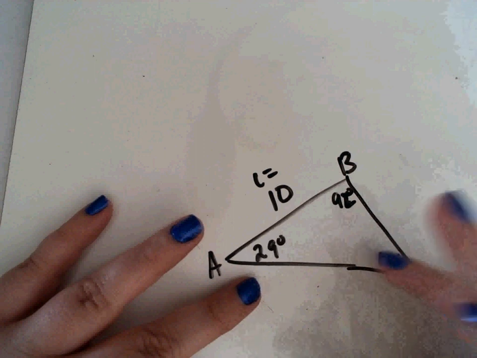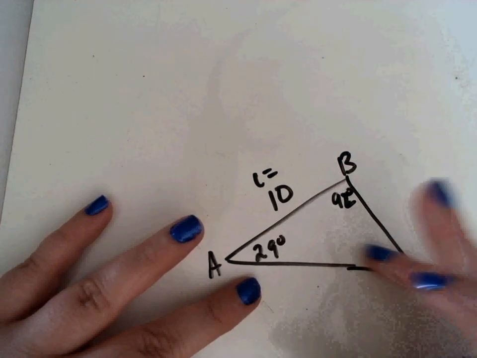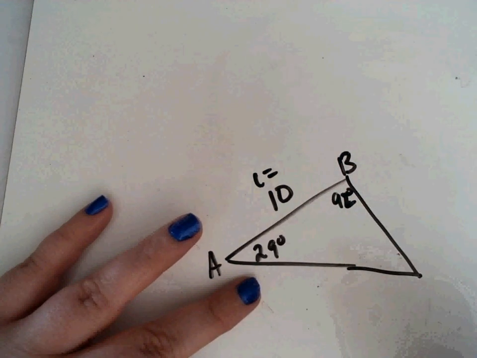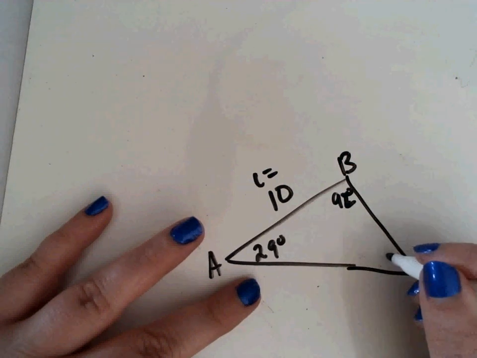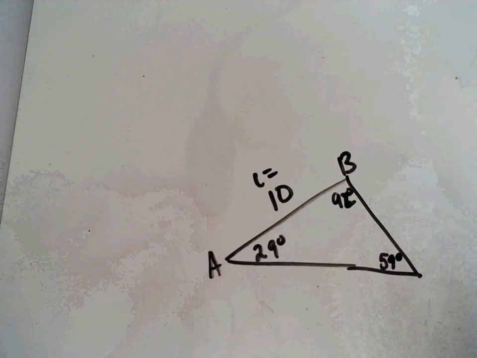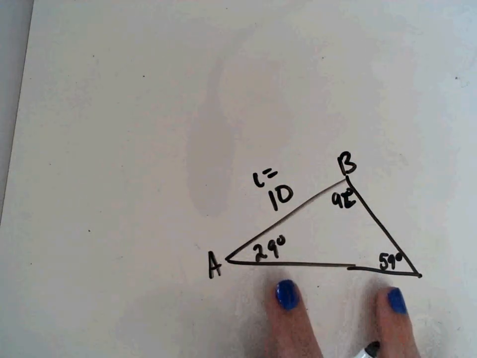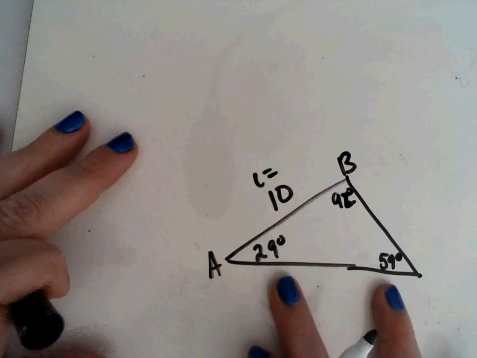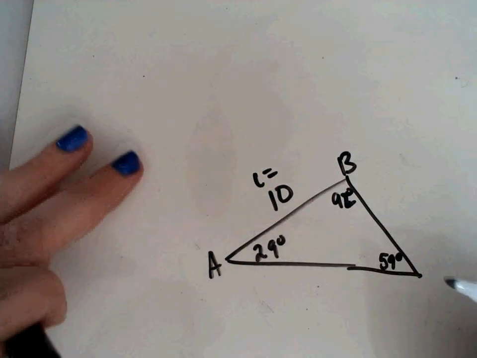Oh, wow, that's 180 minus 121. 180 minus 121 would be 59. Okay. So this is side C.